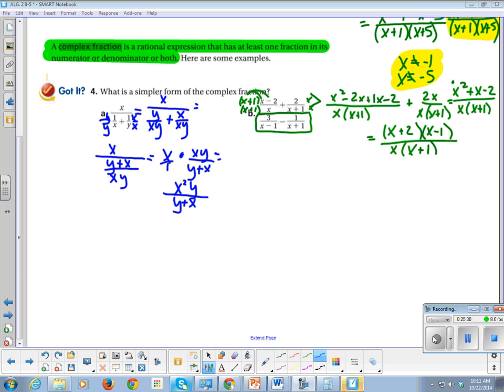To make a common denominator, I need to give this one an x minus 1. I need to give this one an x plus 1. And when I do distribute out that 3, I get 3x plus 3 over x plus 1, x minus 1, minus the quantity x minus 1 over x plus 1, x minus 1.